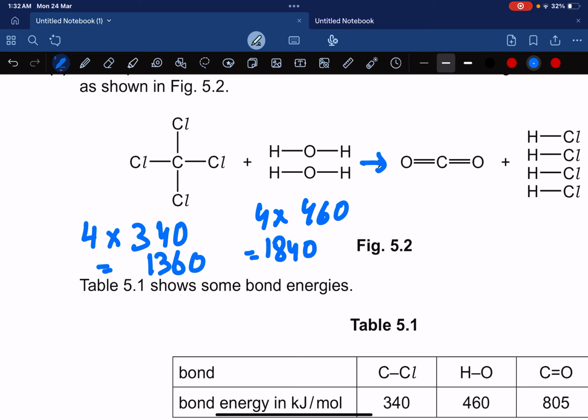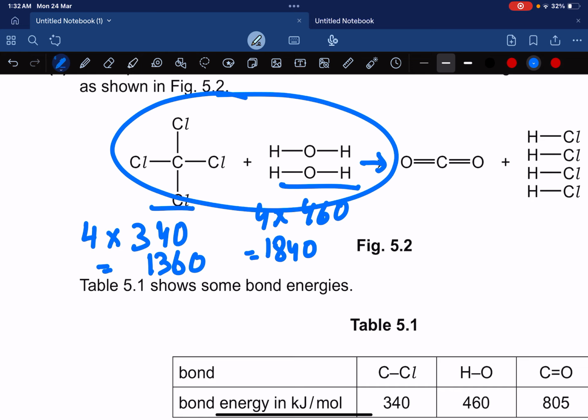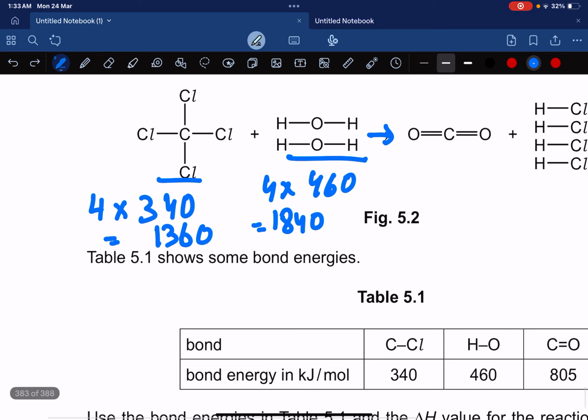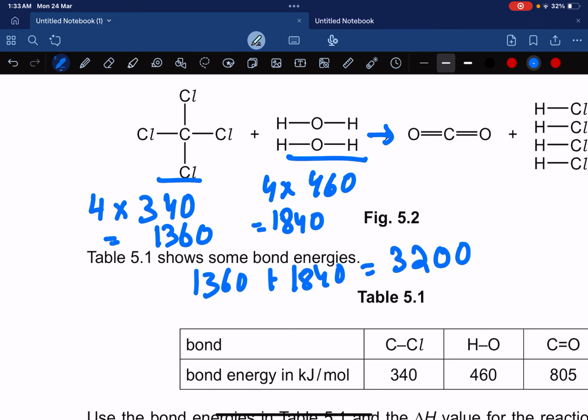Now let's see the total energy needed for both reactants. The total energy for the reactants is going to be 1360 plus 1840, which will give you 3200.